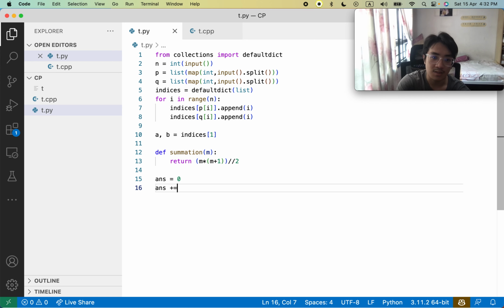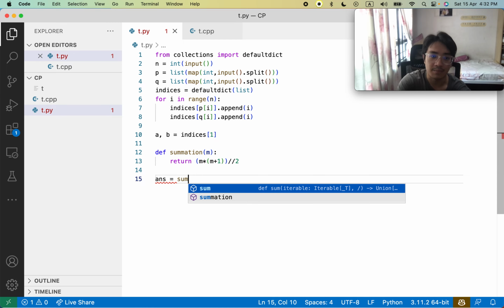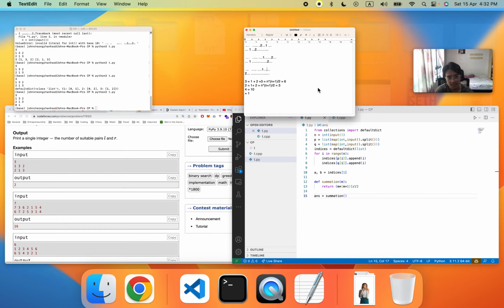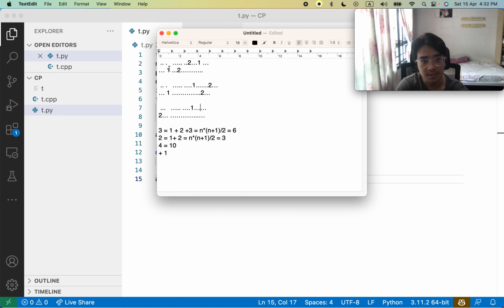So answer plus equals, actually we can just straight away equate it to summation of, now this is getting a little bit tricky because we need to make sure that it's correct. So if 1 was at the 0th value, so if 1 was here and the other one was, let's just say, here or something, but the number of dots don't correspond to the number of elements, okay?